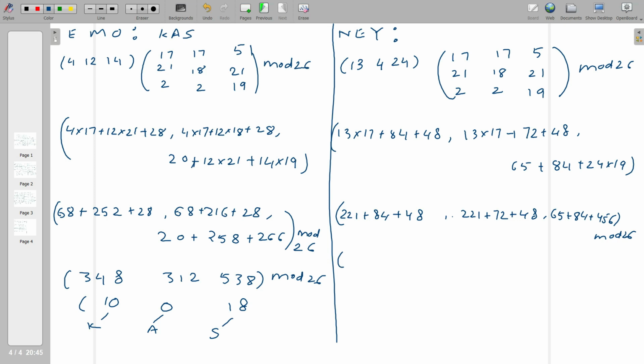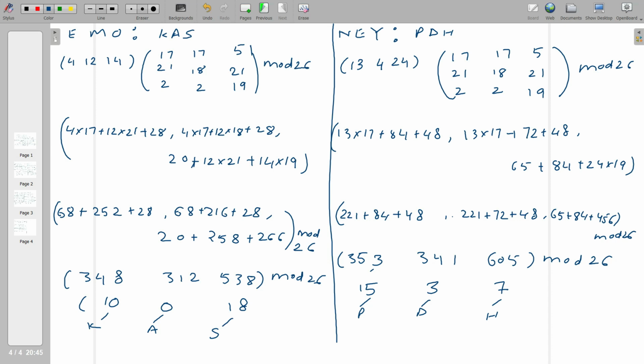So when we add these three, it comes out to be 353, this comes out to be 341, and this comes out to be 605, and it is mod 26. So when we divide 353 by 26, the remainder will be 15. When we divide 341, the remainder will be 3. When we divide 605 by 26, the remainder will be 7. So this is P, D, and H. So NEY can be encrypted as PDH.